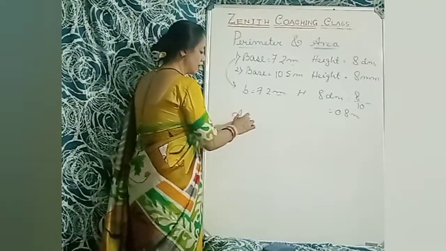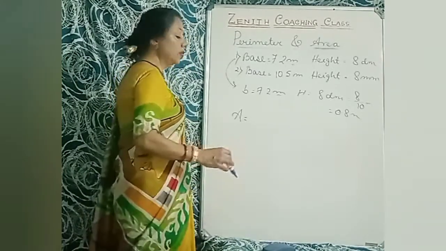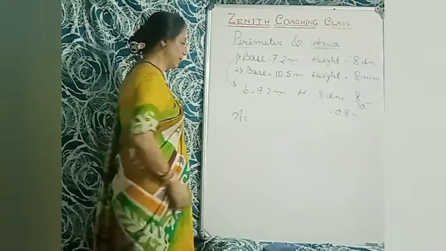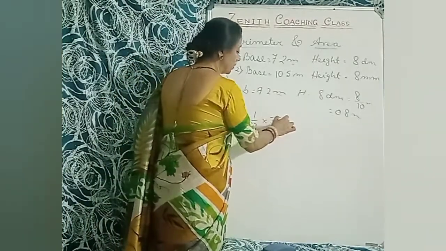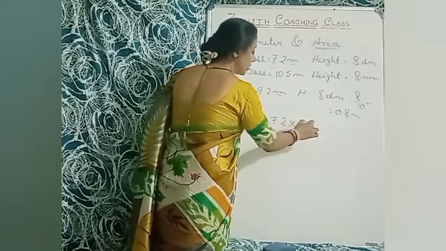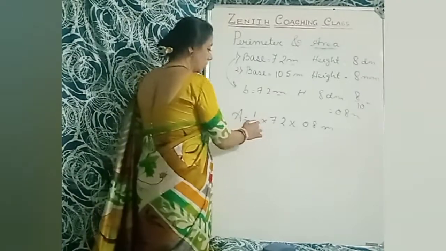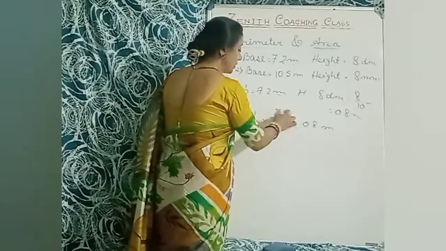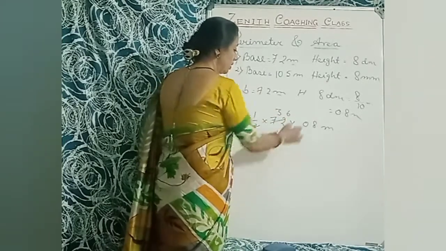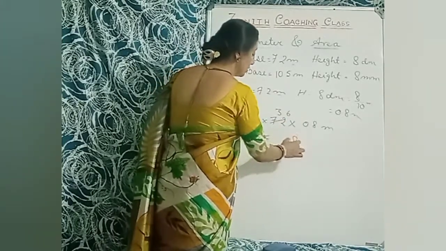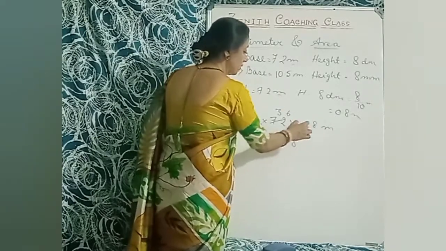So area is equal to, I am writing just A, but you will write area of triangle. Area of triangle equals half multiplied by 7.2 multiplied by 0.8 meter. So cut, that is 3.6 multiplied by 0.8. 8 6s are 48, 4 in hand. 8 3s are 24, 28.